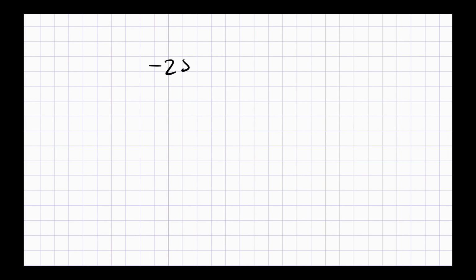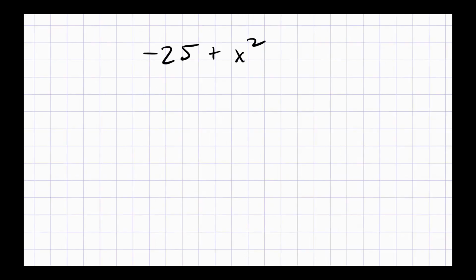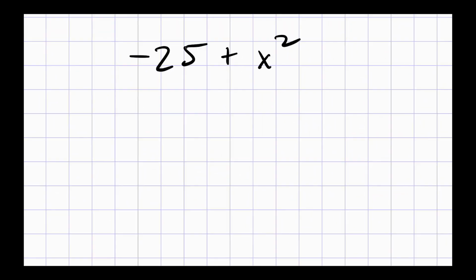Negative 25 plus x squared. Is that difference of squares? Couldn't I flip them around? Yeah, right? They're not in standard form. So you could do it like this: x squared minus 25. And then it's difference of squares, right?